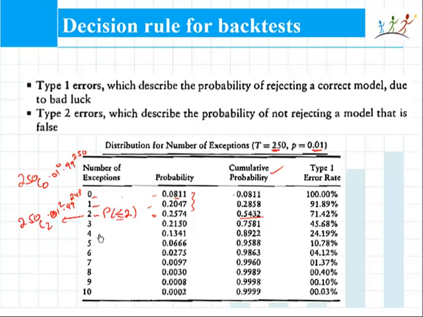The probability of seeing 4 exceptions similarly is 13.41%. The probability of seeing 7 exceptions is only about 1%. So the probability that we will see less than or equal to 7 exceptions is 99.6%.